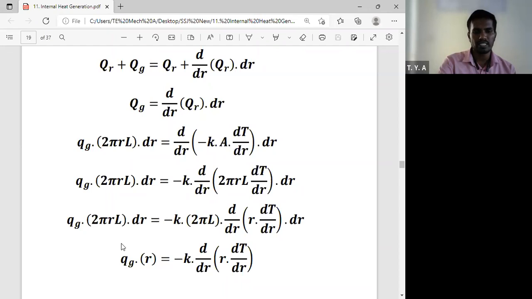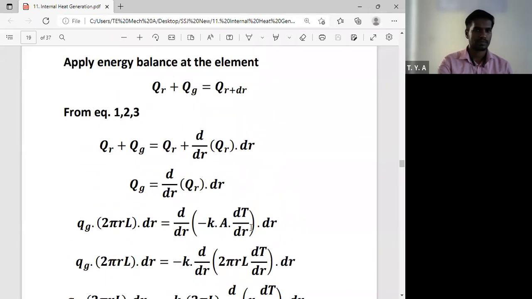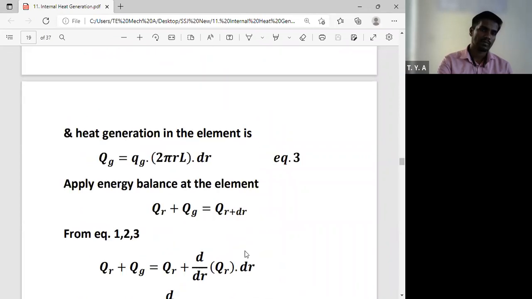So in the left hand side, what is the remaining? qg into r, dr is on both sides, so dr is also cancelled. So what is the remaining equation? qg into r is equal to minus k into d by dr into r into dt by dr. All of you write down this equation. qg into r is equal to minus k into d by dr into r into dt by dr. Already we have written the equations for the QR plus DR and QG.